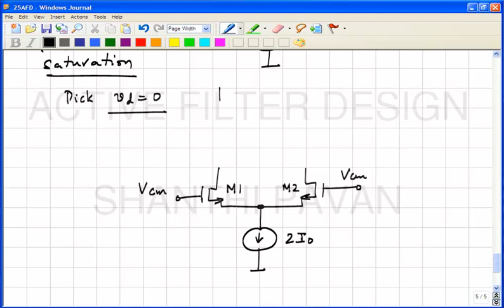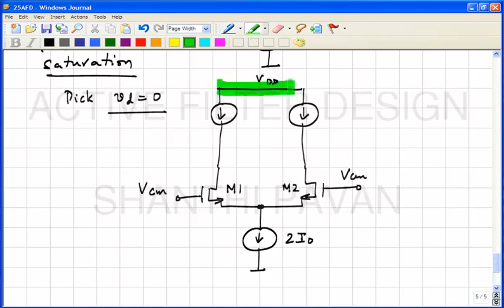And what do you have in the drains? This is some large voltage. We don't have to worry about this at this point. I was talking about this character. What are the strengths of the two current sources? I naught, and this is I naught. And what are we interested in? We are interested in the potential at these two nodes.